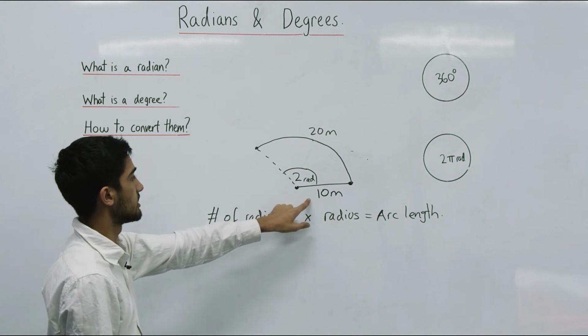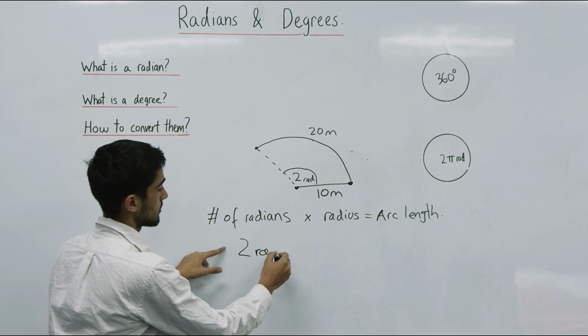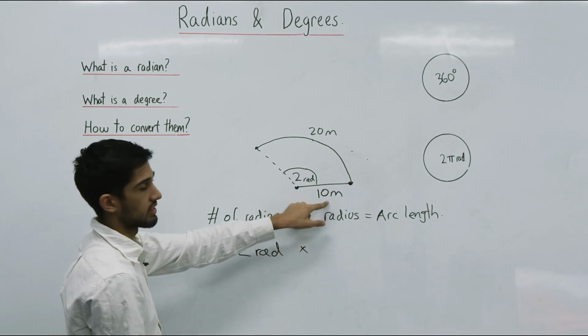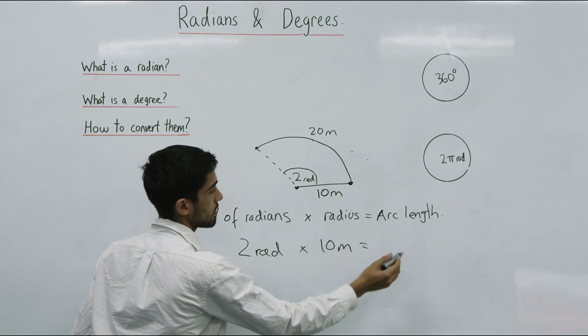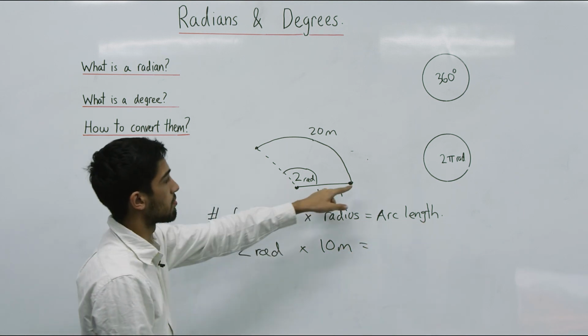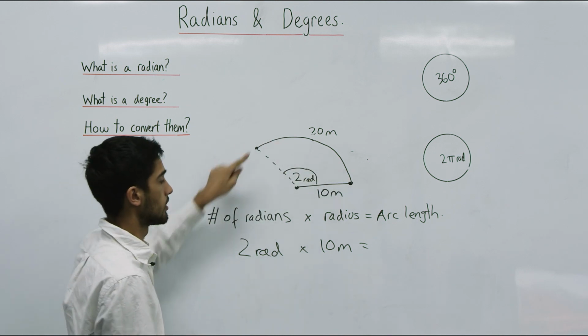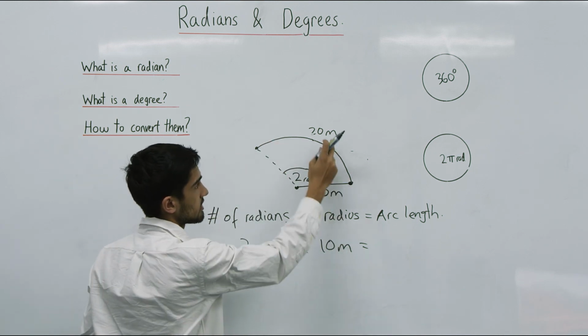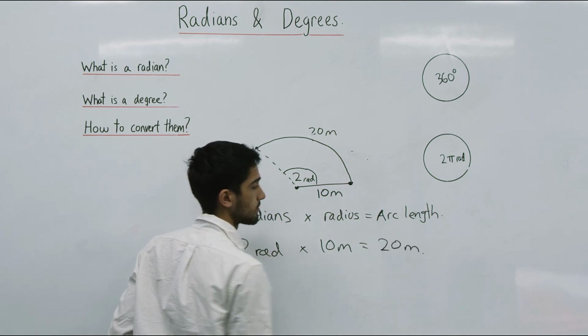What that means is the number of radians, in this case 2 radians, multiplied by the distance of the radius, in this case 10 meters, is equal to the length of the arc, being this curved line here, the outside of our circle. So 2 radians times 10 meters gives us an arc length of 20 meters.